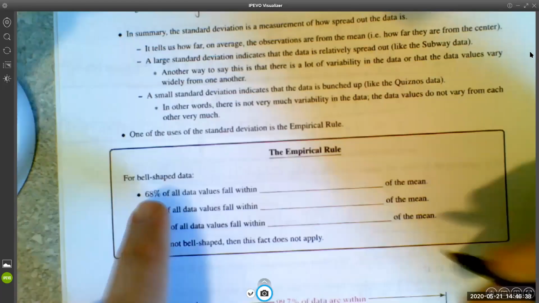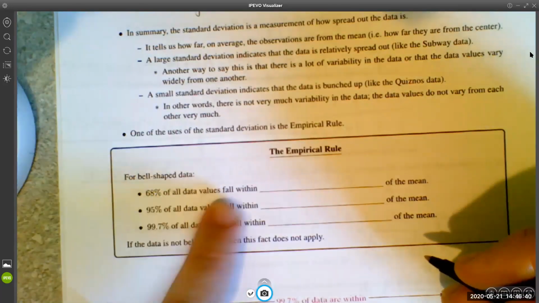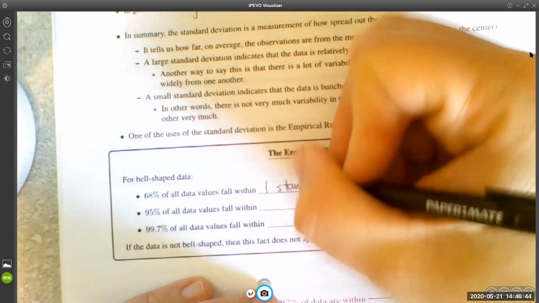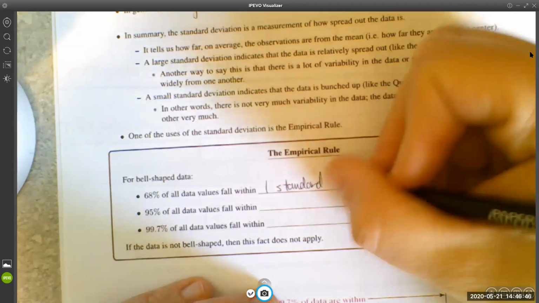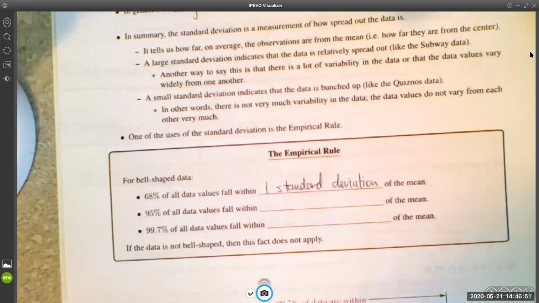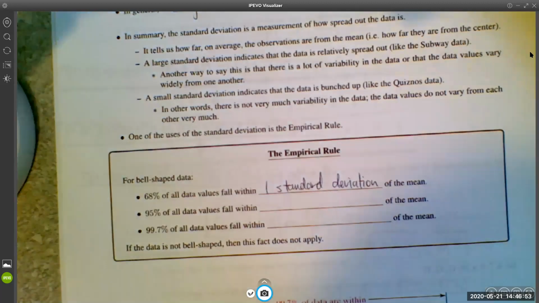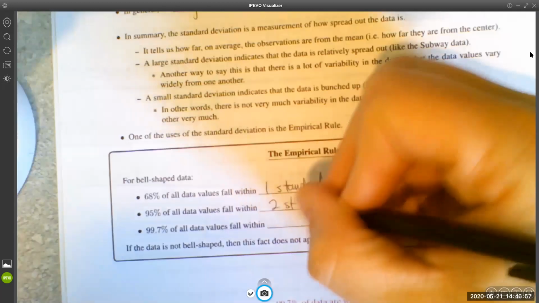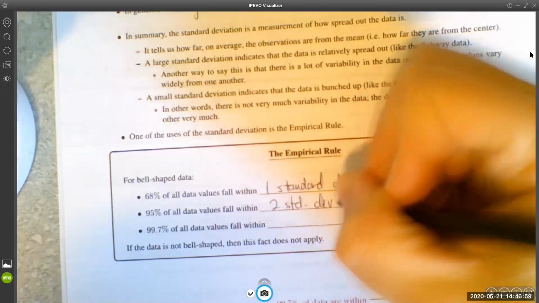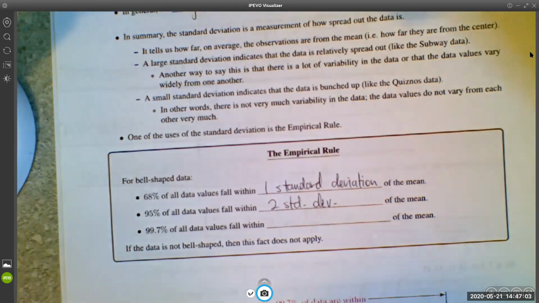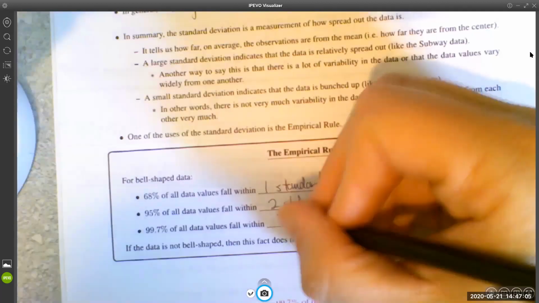For bell-shaped data, 68% of all data values fall within one standard deviation of the mean. 95% fall within 2 standard deviations. And 99.7% of the data, so almost all of it, falls within 3 standard deviations.